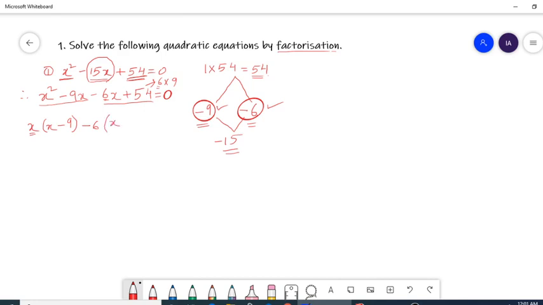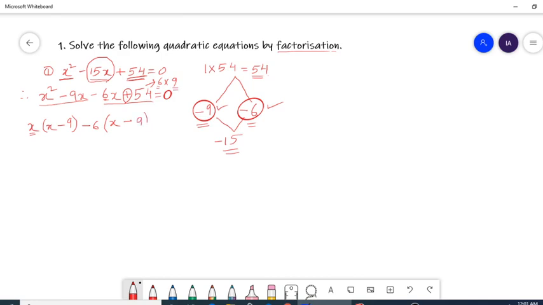So here you will have x. Since I am taking minus as a common factor, minus 6, this plus sign will change to minus. So here I'll take minus. Since it was 54, out of 54, 6 is already taken out as a common factor, so you have only 9.